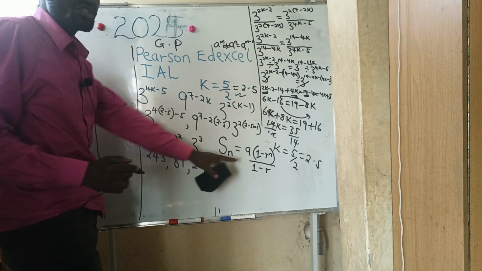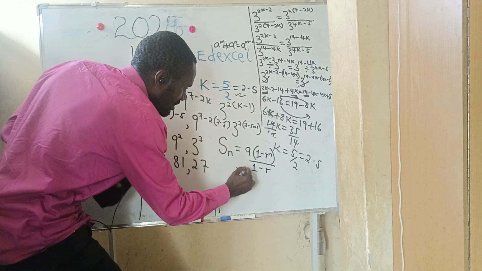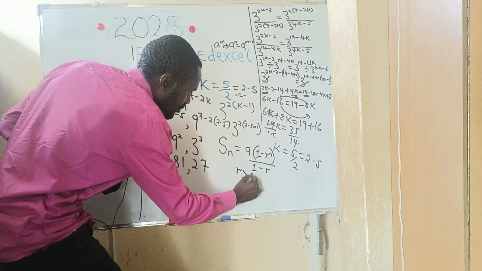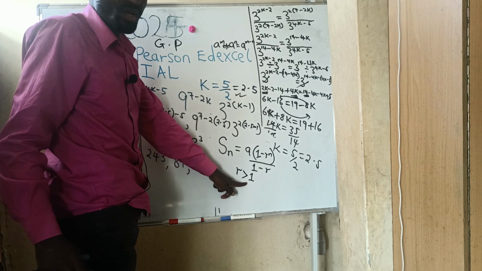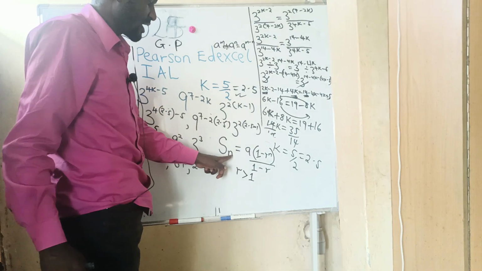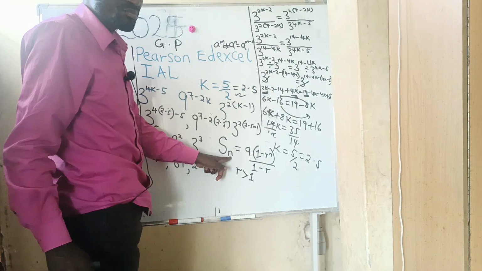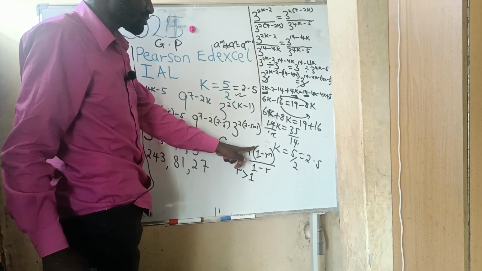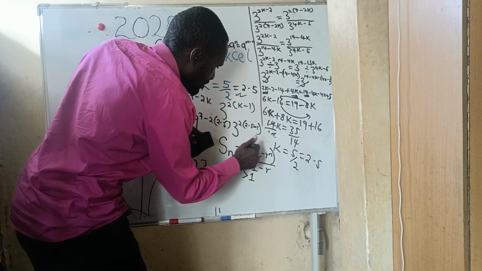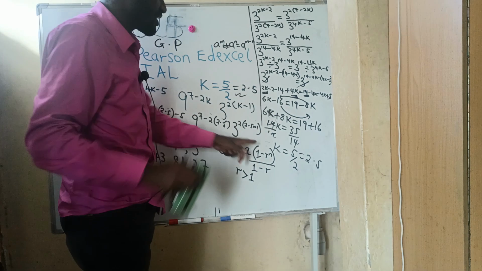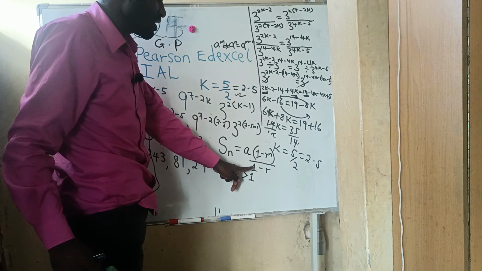This is normally used when r, our common ratio, is greater than 1. So the sum of n terms where r is bigger than 1 is a, the first term, times 1 minus r raised to n, over 1 minus r.